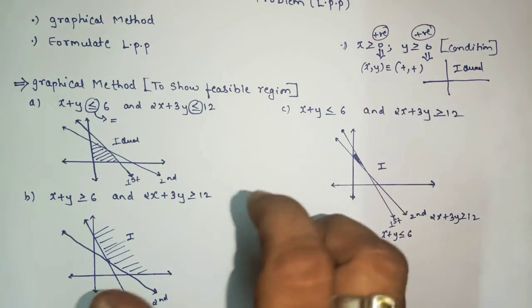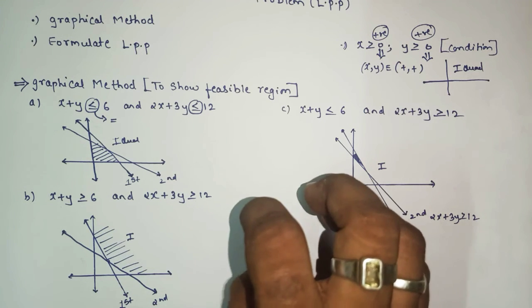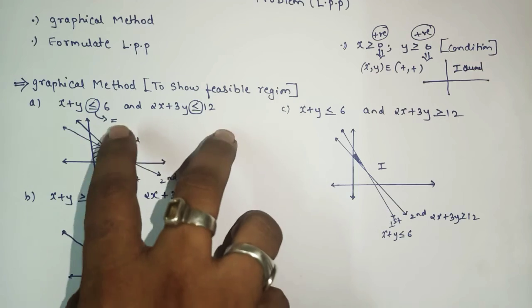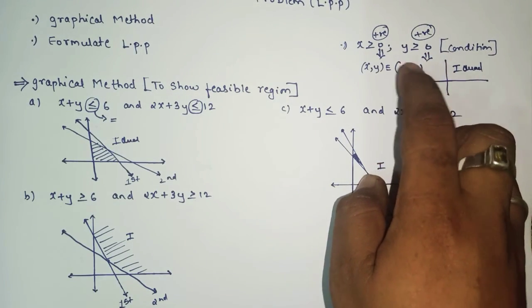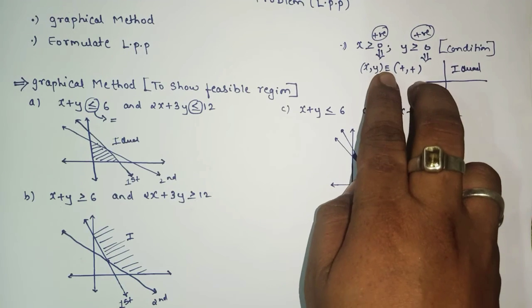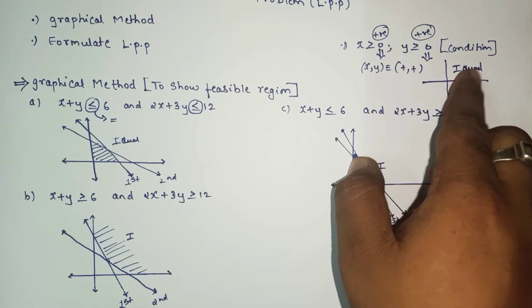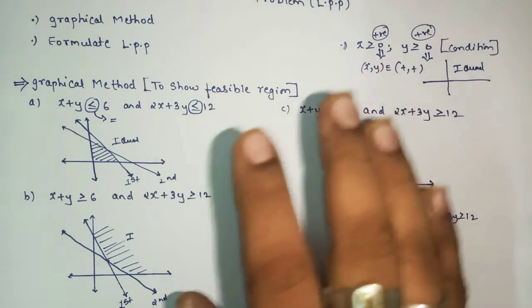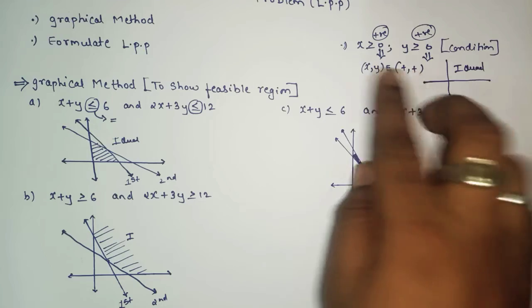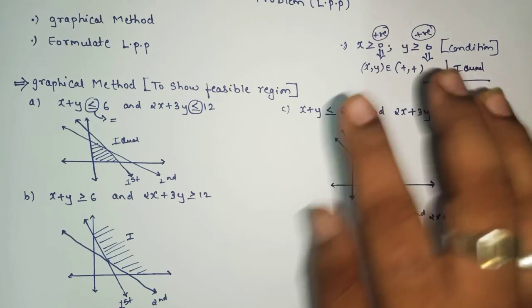When you solve the sum, you will get the values of x and y as positive only. If both are positive, then it will lie in the first quadrant only. Remember this. If this condition is given, no need of thinking much more. This condition means it will always lie in the first quadrant.